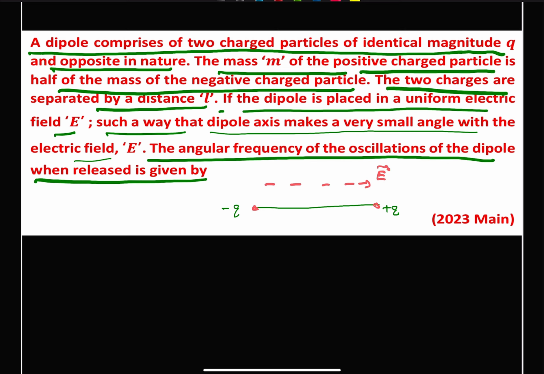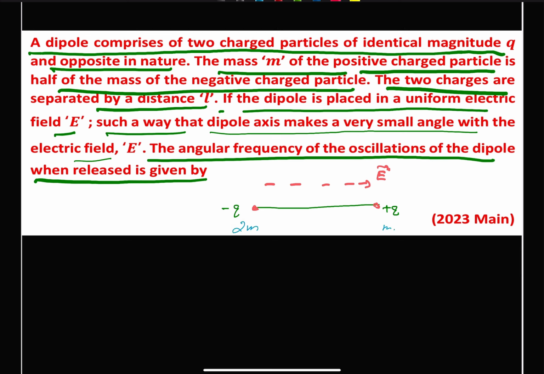Now we are given that the mass m of the positively charged particle is half of the mass of the negative charged particle. Therefore, we can say that mass of negative charged particle is 2m, and for positive it is m.